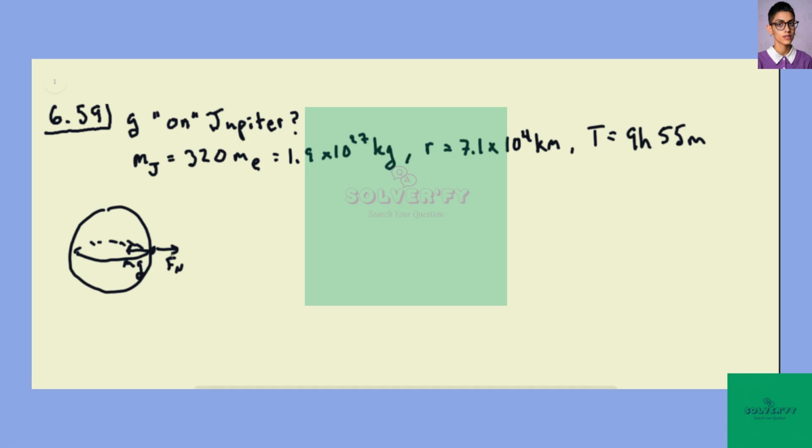And we know that since this is undergoing circular motion, m times the g on Jupiter minus this normal force, which is what you'd feel as your weight, has to be equal to the centripetal force.